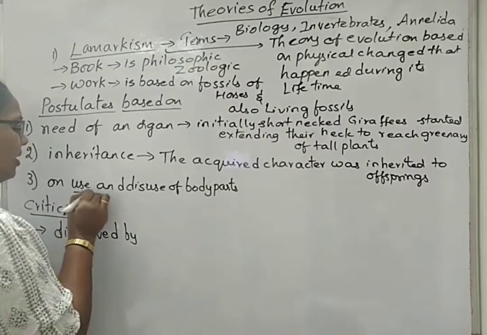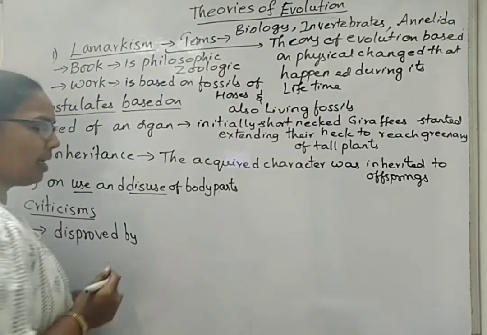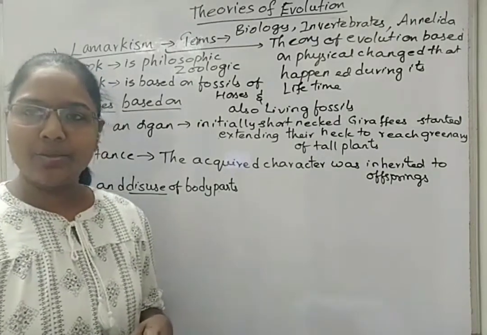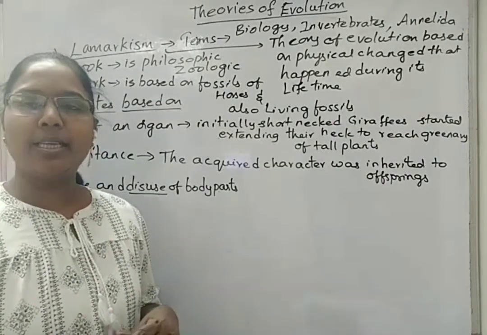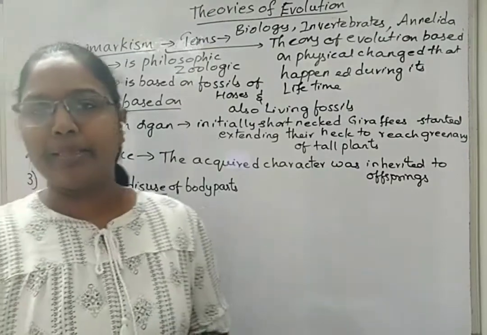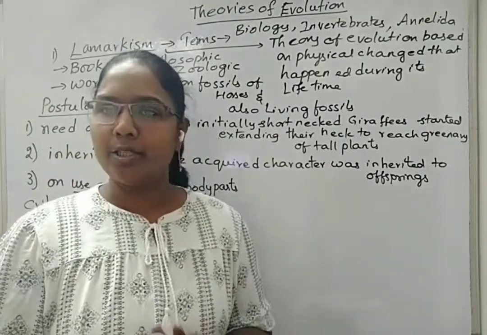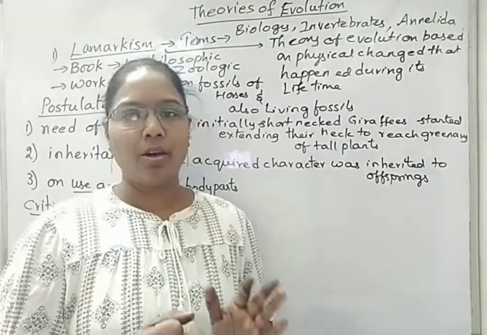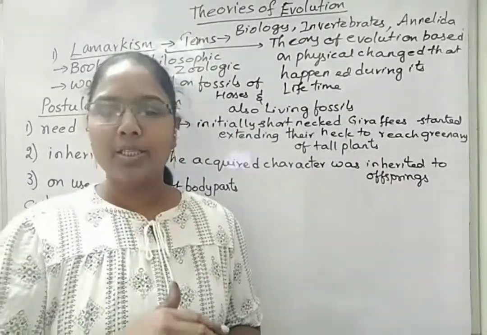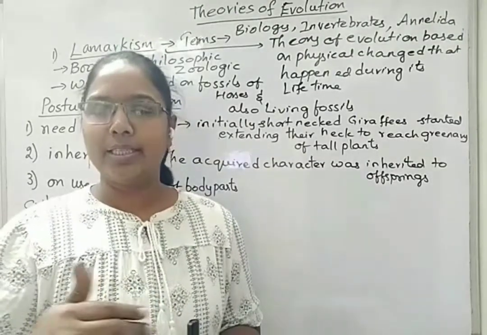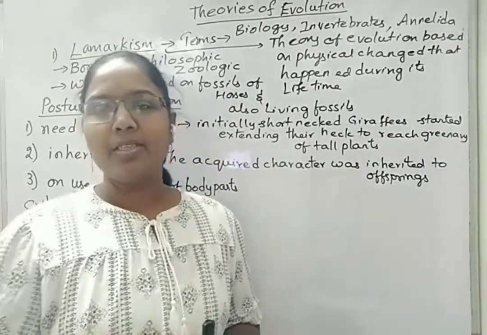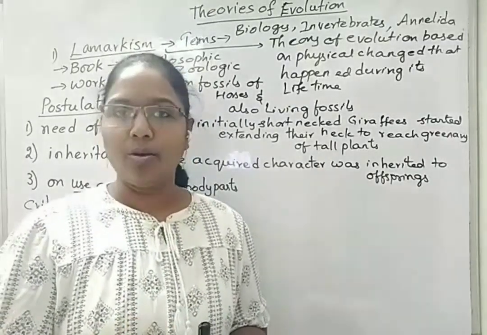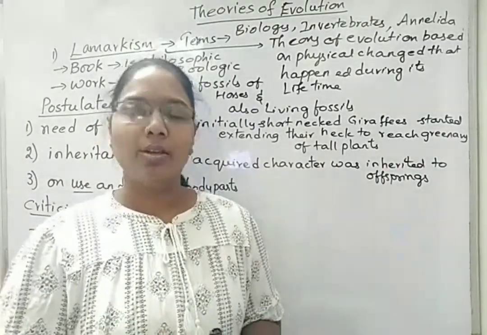Next, the third law is based on use and disuse of the organ. It means that if for some time period a particular organ is not necessary for searching food during its lifetime, then slowly that organ becomes vestigial, and in the next generation that organ is completely vestigial or has disappeared in the offspring.